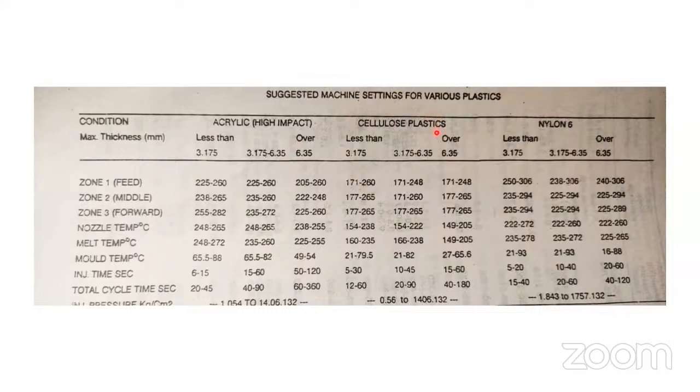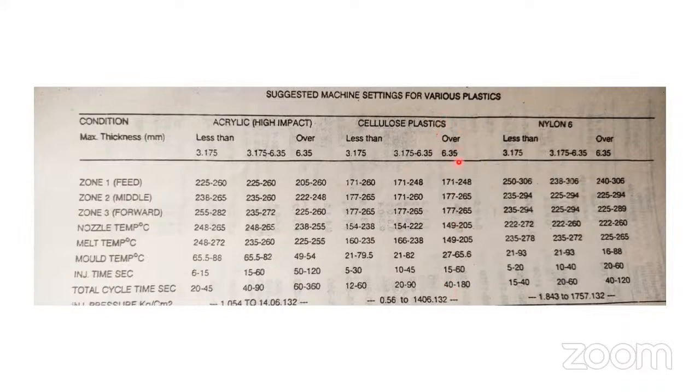Now see the cellulose plastics. For 3 mm, see the temperature here, 171. In this case the temperature is the same, just a minor difference, but it again goes on decreasing. The cycle time also increases here because the thickness of the article is very high.